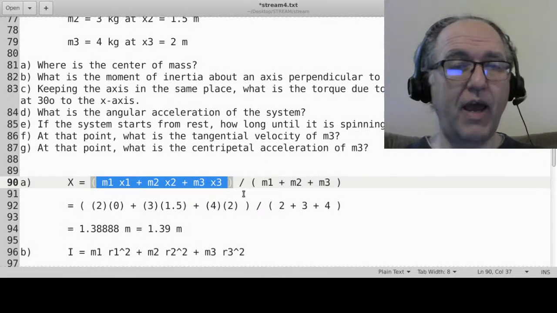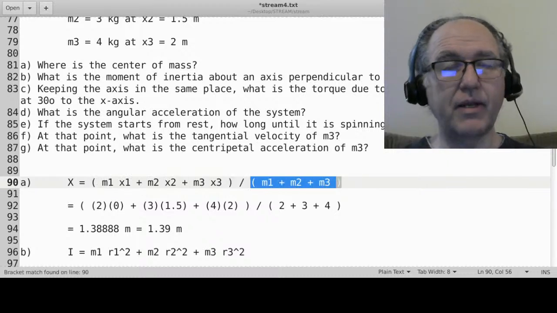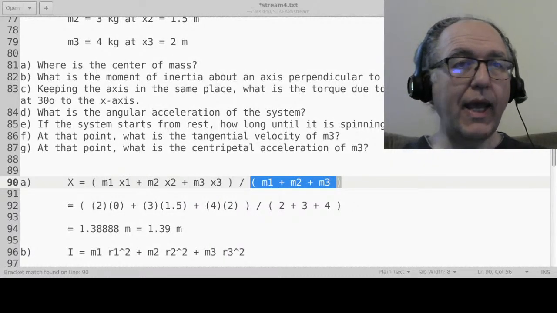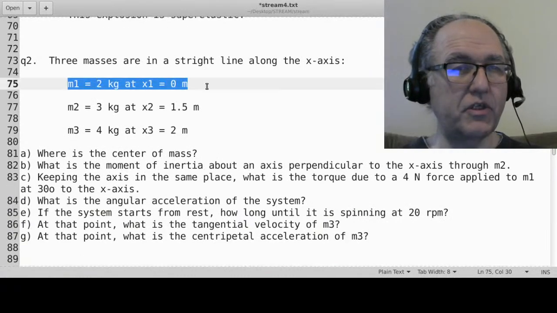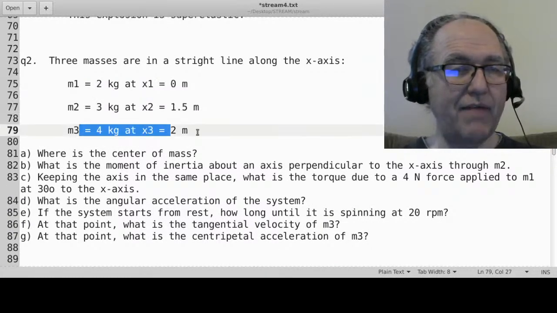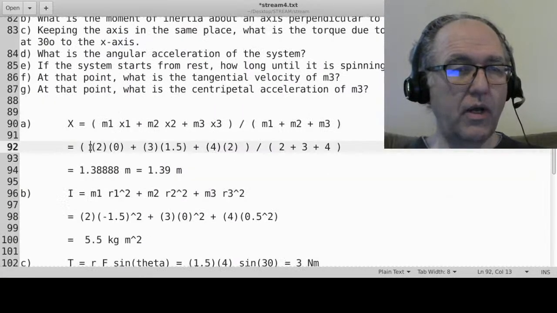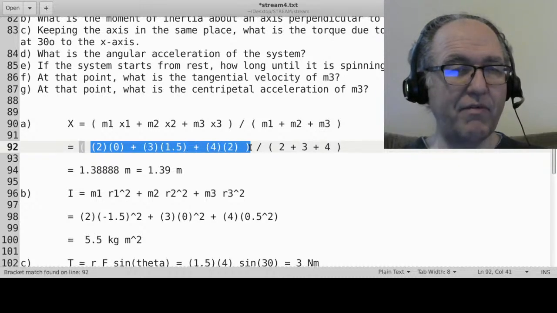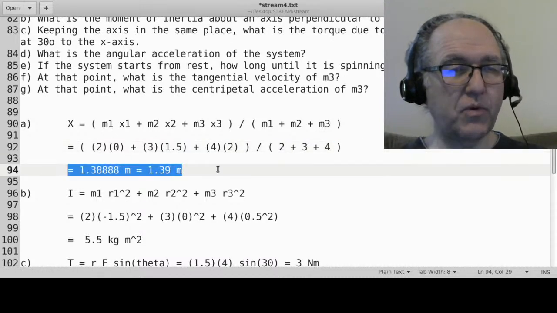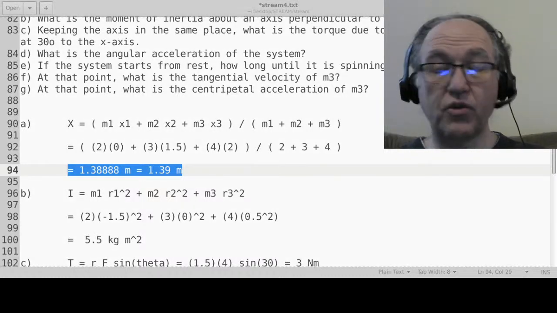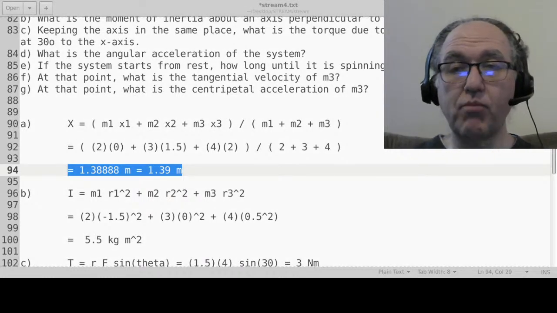In the denominator, you just divide by m1 plus m2 plus m3. Now it's just a matter of plugging in the numbers. I gave you the numbers here: 2 at 0, 3 at 1.5, and 4 at 2, divided by 2 plus 3 plus 4, and that just works out to 1.39, or roughly 1.4.